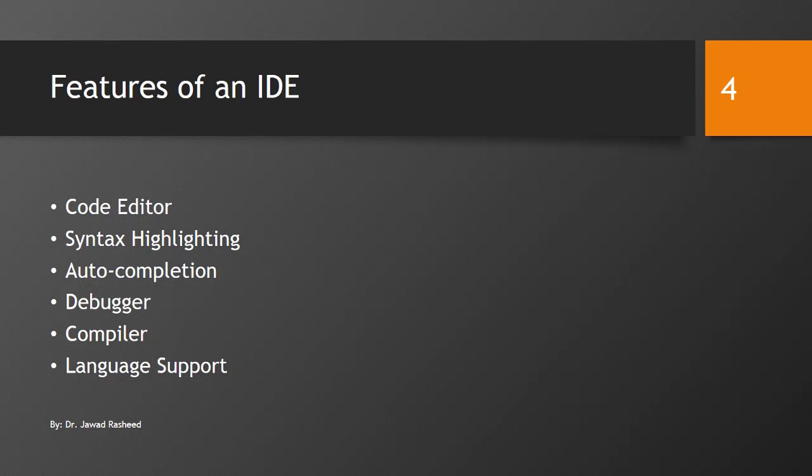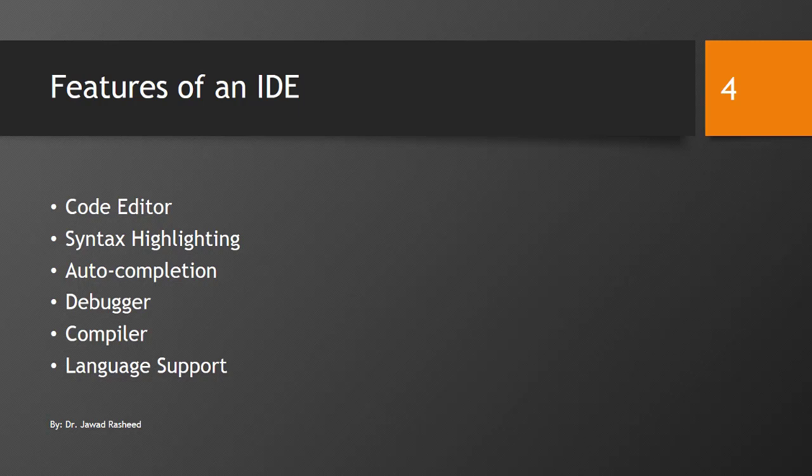In addition to code editors, IDEs also have other features such as syntax highlighting, which is used to mark the syntax of a base language in different colors and fonts. Then there is another feature called auto completion. This feature is designed to minimize time consumption.